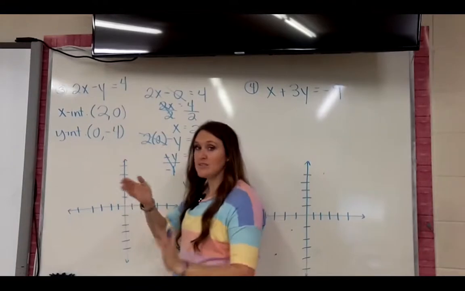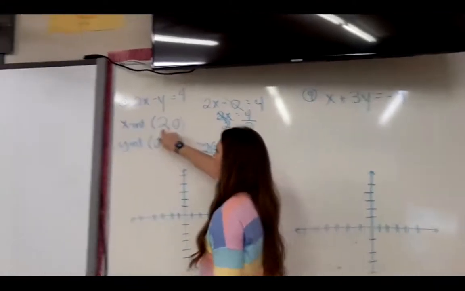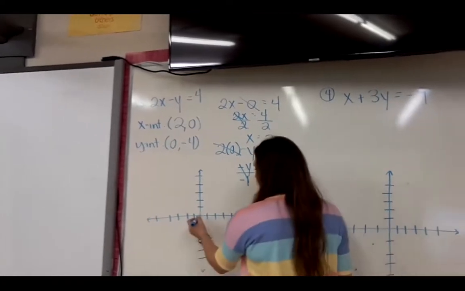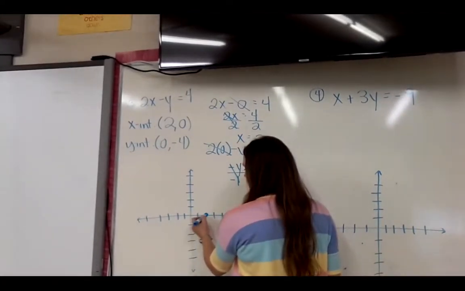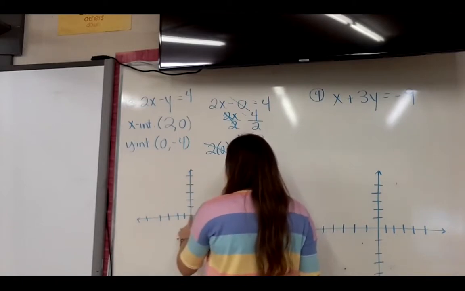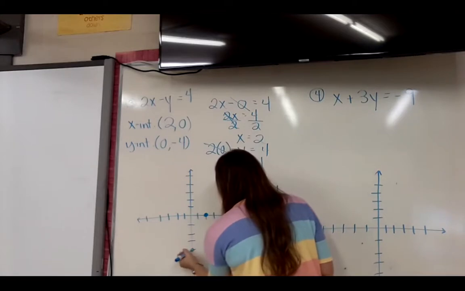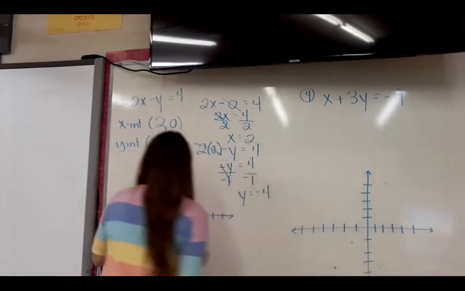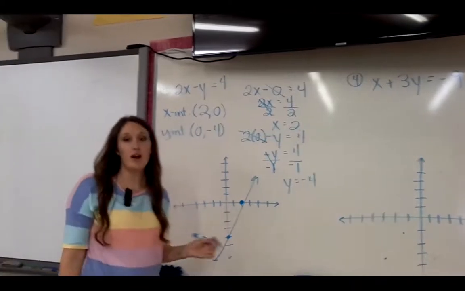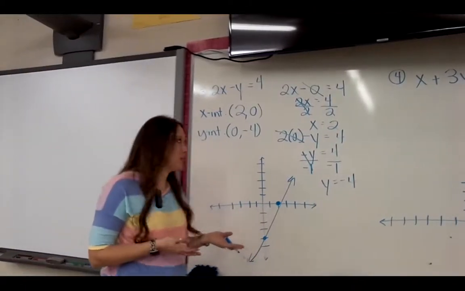They should be points on an axis. The point 2, 0, the x-intercept, is where it crosses the x-axis. So I go over to 2, 0. Then the y-intercept is the point where it will cross the y-axis. So I go to 0 on x, go down 4. From those 2 points, I can draw my line. We have now graphed that one using our x and y intercepts.